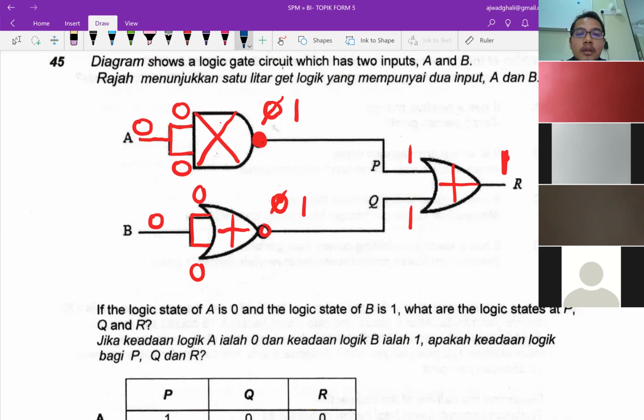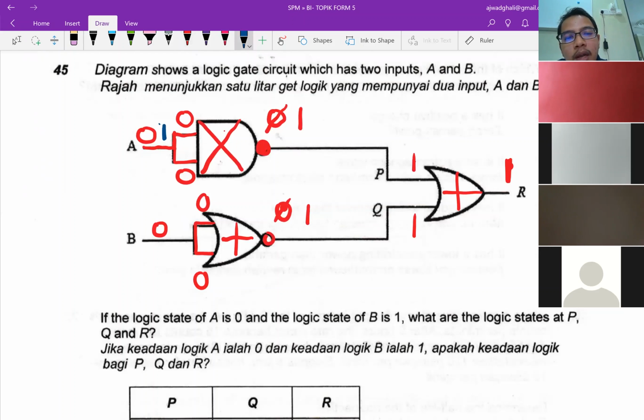Okay. Next, we start with number 1. Okay, 1 and 1. So 1 here and 1 here. 1 times 1 becomes 1, but because there's a dot here, it becomes 0.